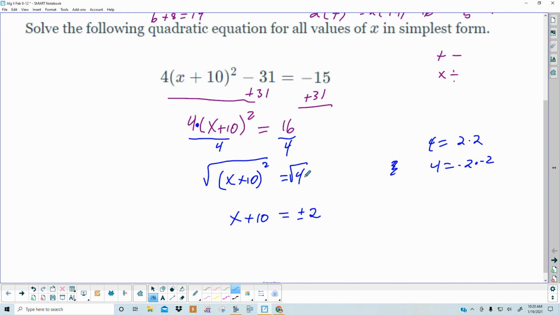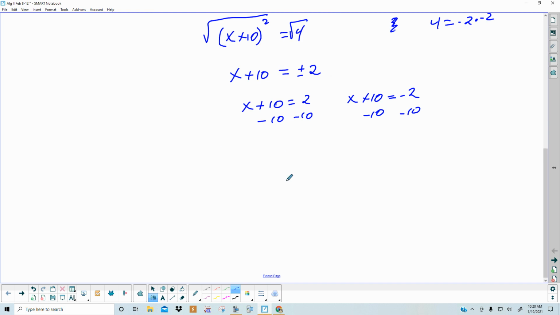So there's 2 answers to this question. Okay? So I have x plus 10 is equal to 2 or negative 2. So when I subtract the 10 from both sides, I get an answer of x is equal to negative 8 or x is equal to negative 12.